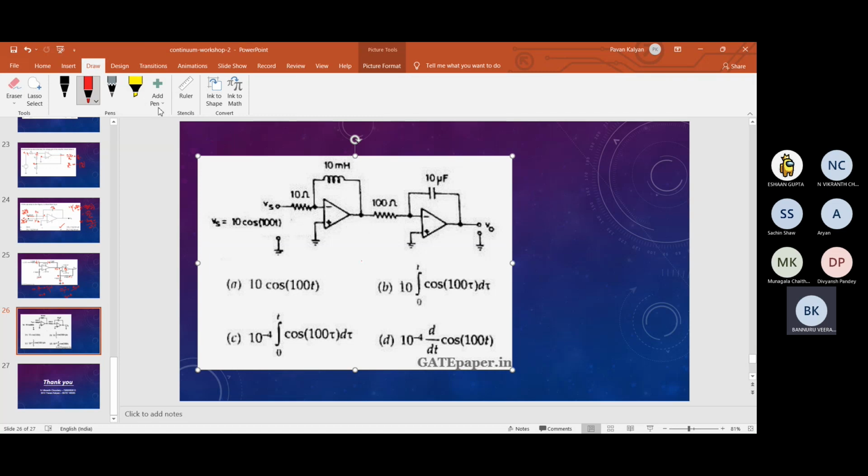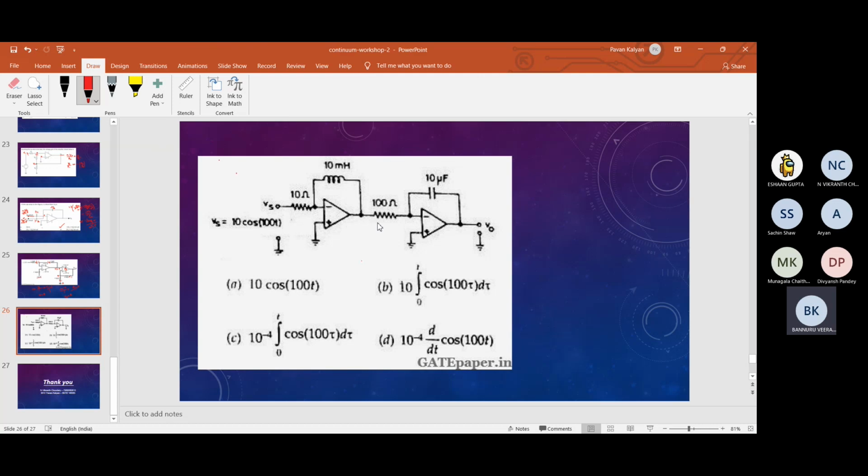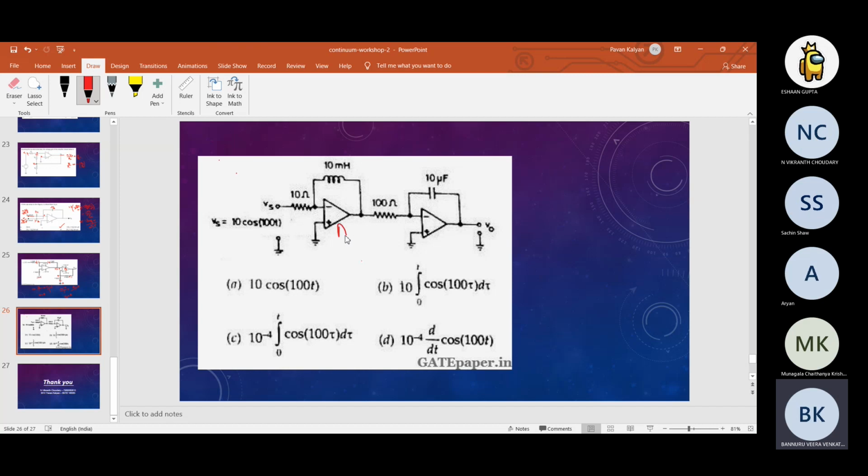So, let us assume this as A1 and this as A2. Let us assume this as V out 1 and this is the V out.